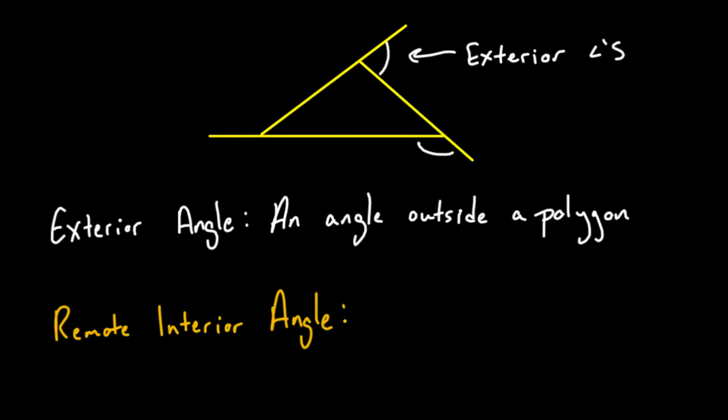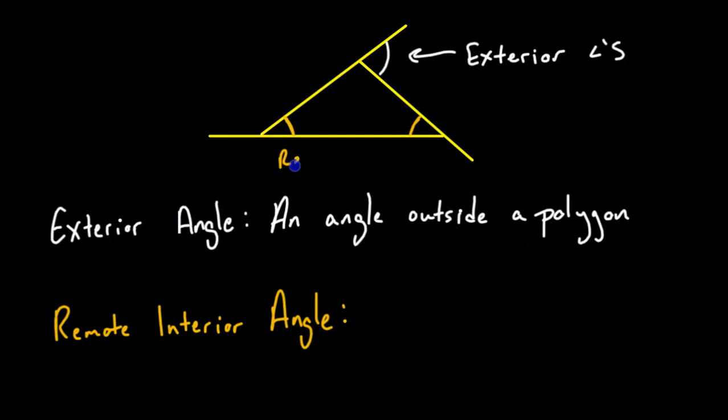They also have these things called remote interior angles. And I'm only going to keep one of the exterior angles, and that's for a very specific reason. When we're talking about remote interior angles, you can only have one exterior to talk about those two.